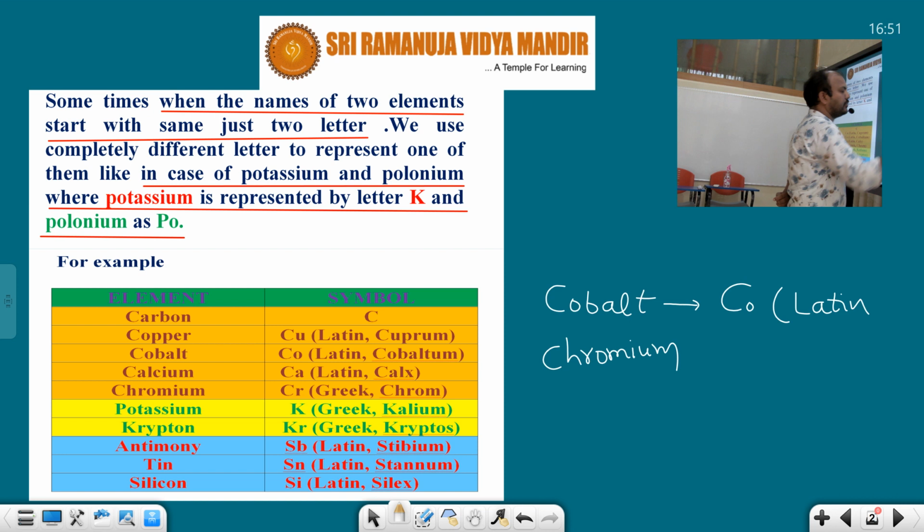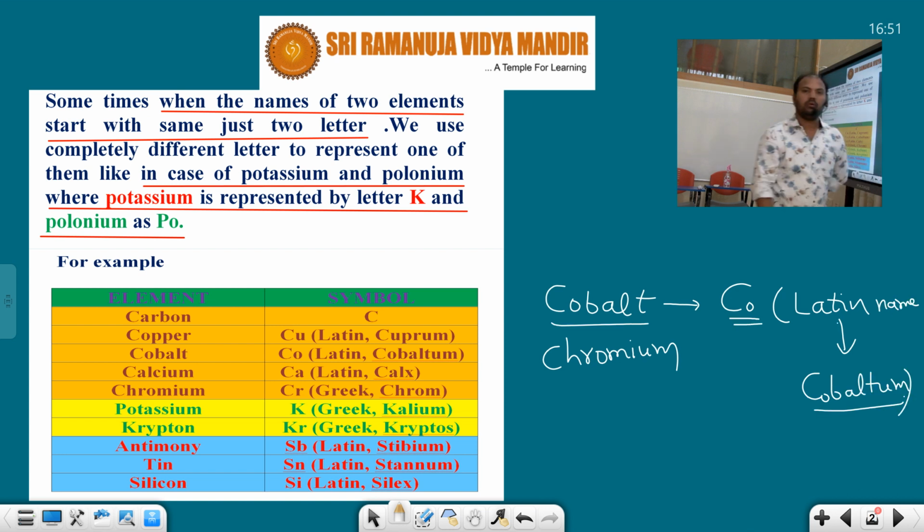What is this Latin name? Cobaltum. So actually the English name is cobalt, but the symbol Co is derived from the Latin name cobaltum. The first letter is C, the second letter is O, but I didn't use C alone because C had already been given to carbon. That's why Co means cobalt.